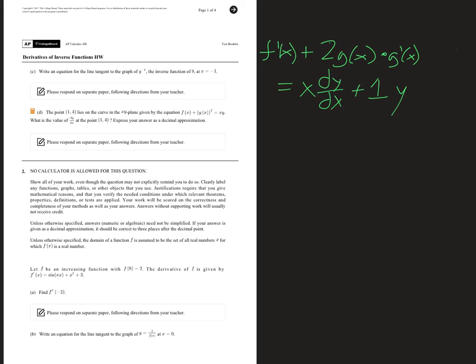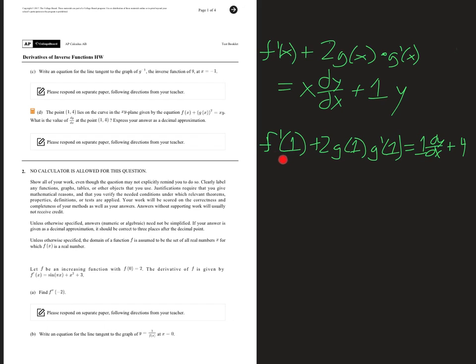So I need f prime of 1 plus 2 times g of 1 times g prime of 1, set that equal to 1 dy dx plus 4, because y is 4. And then just solve that equation for dy dx.